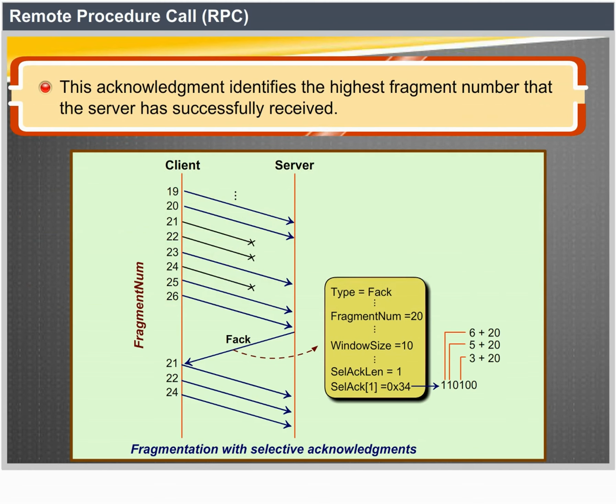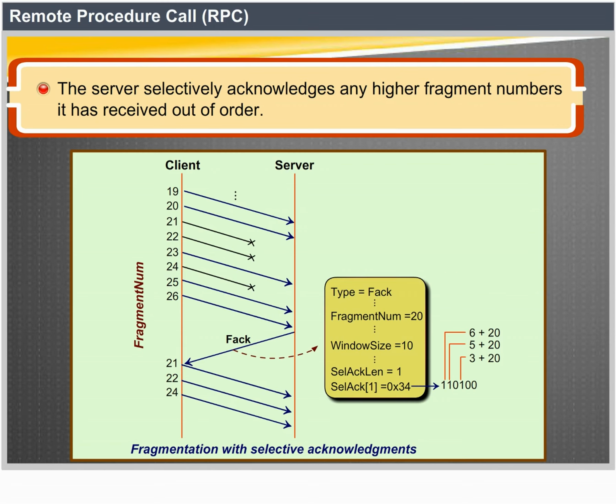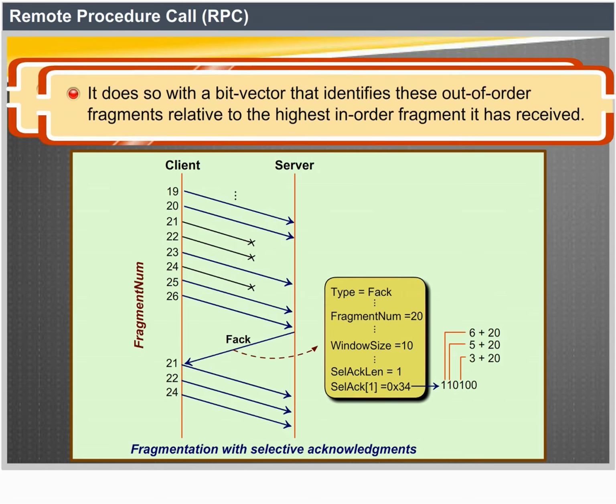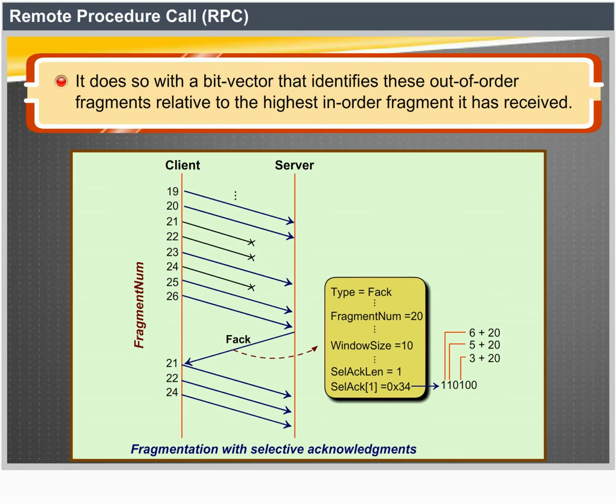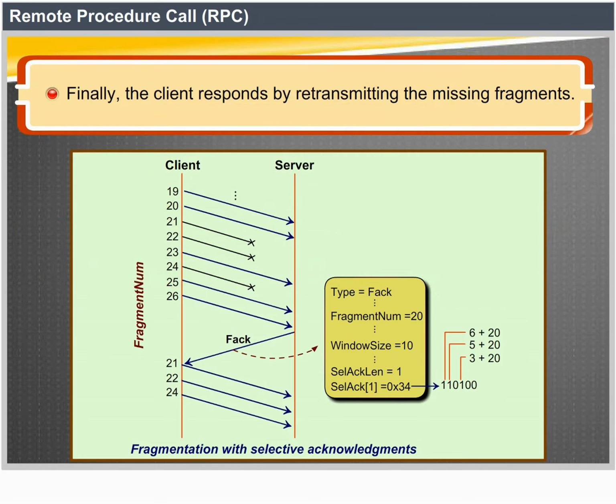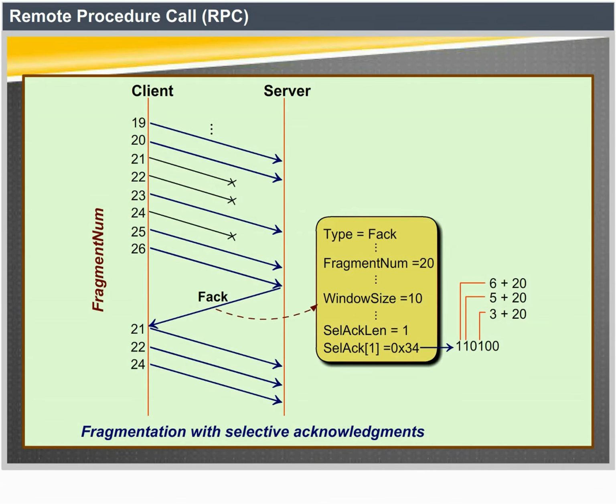The server selectively acknowledges any higher fragment numbers it has received out of order. It does so with a bit vector that identifies these out-of-order fragments relative to the highest in-order fragment it has received. Finally, the client responds by retransmitting the missing fragments. Fragmentation with selective acknowledgements.